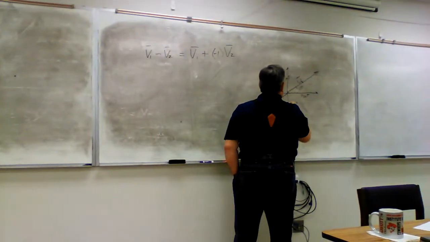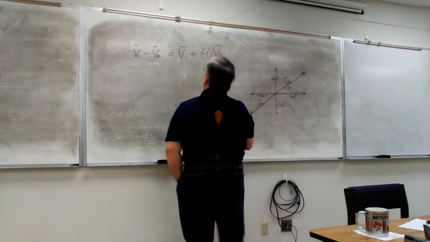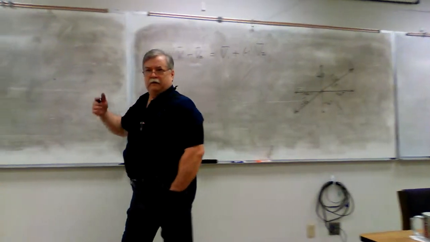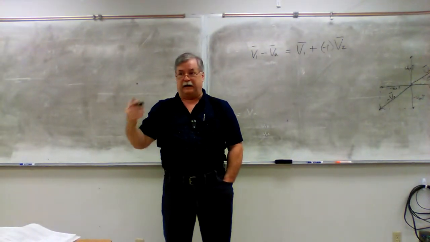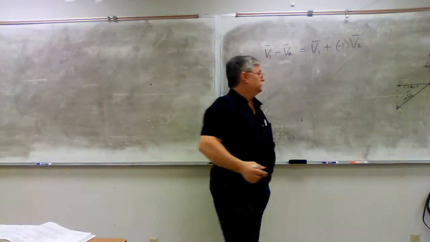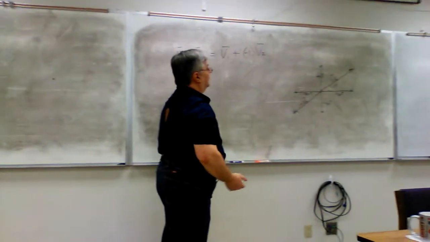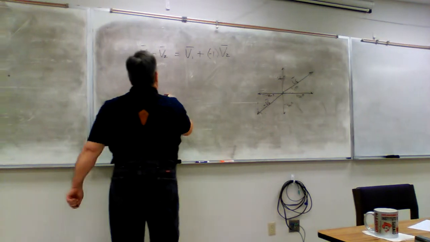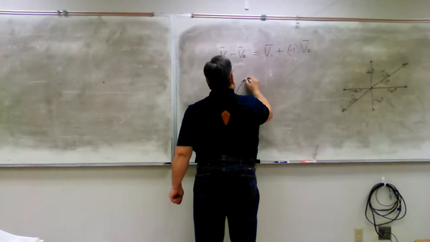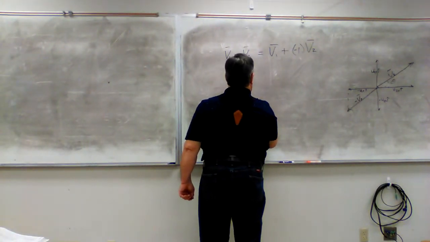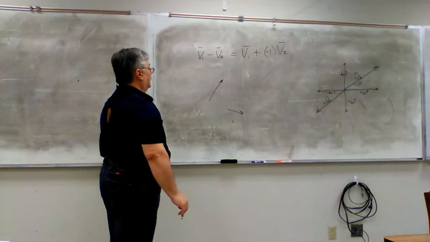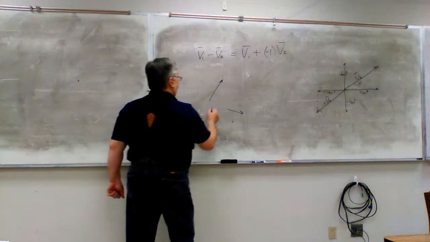When you put everything in rectangular coordinates, you can add the components. If you multiply one of the vectors by a negative sign, you get the negative of that vector. Now, if that's v1 and that's v2, what happens when you add them?